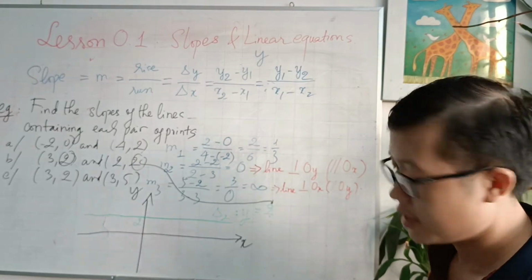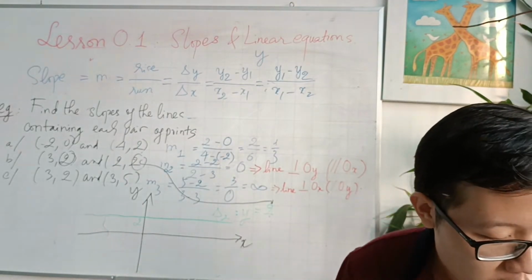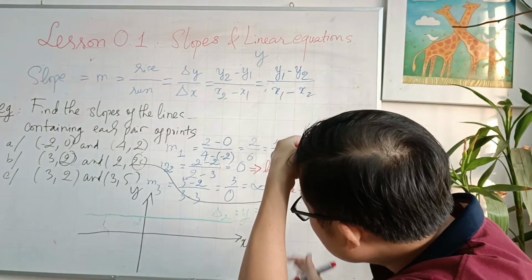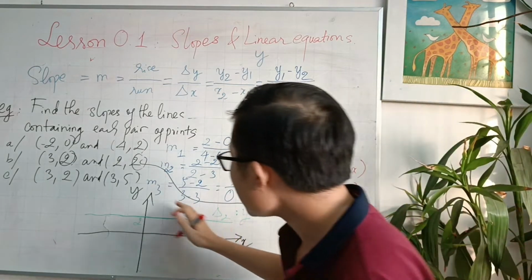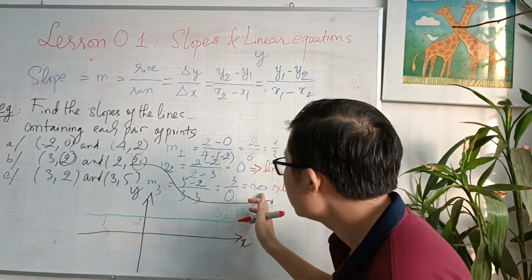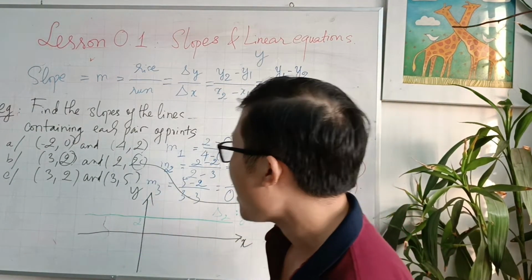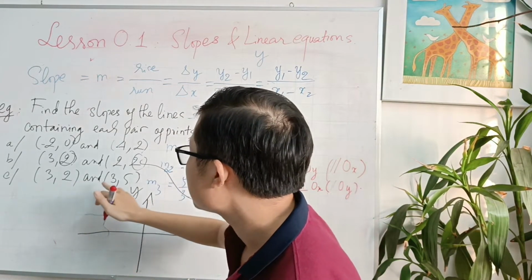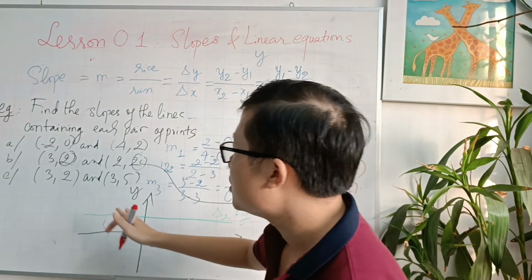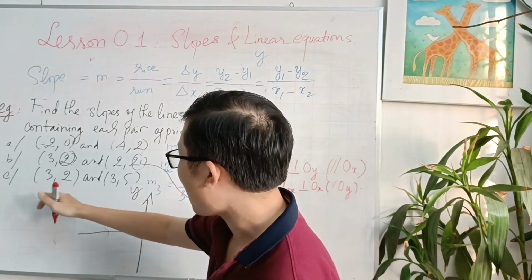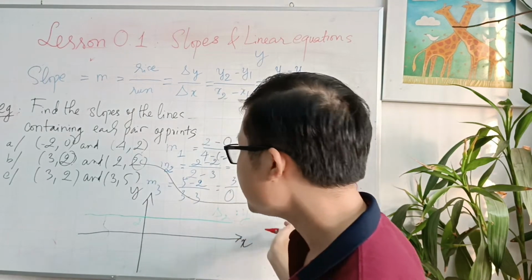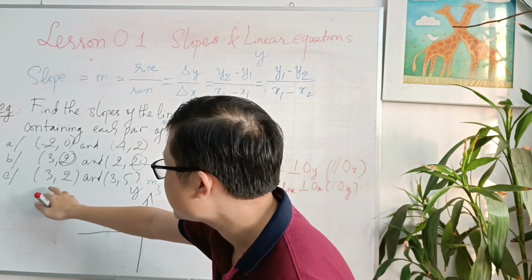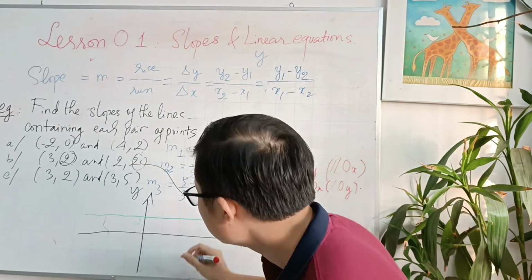Okay. In question C, we have m equals infinity, and it goes through the point (3, 5). All the points lying on this line have an x coordinate of 3.